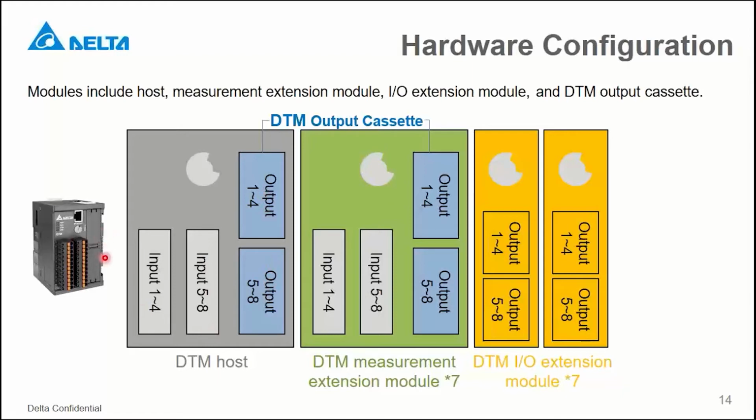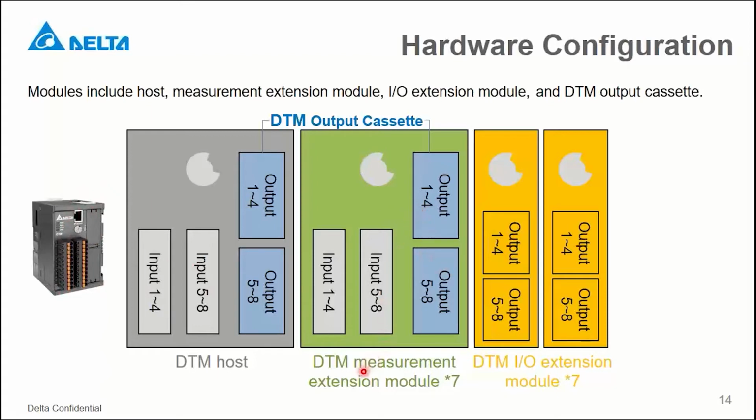So we reserve the slot for you to choose. When you select the output card, you just insert it into the host, and each output card is also 4 channels. So this one is the main host unit.